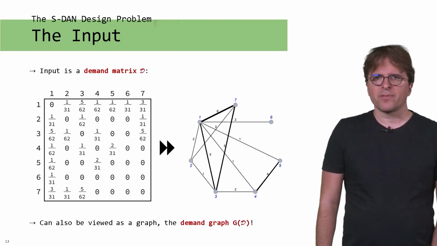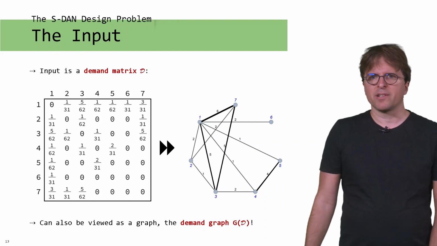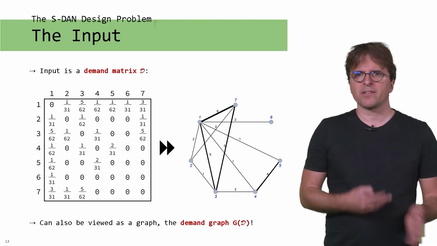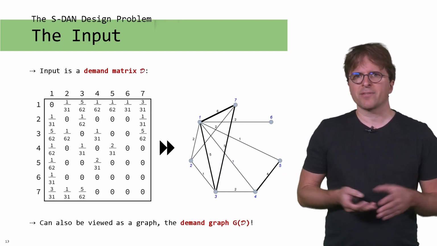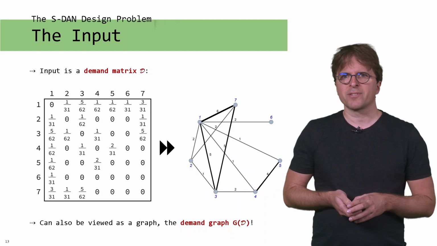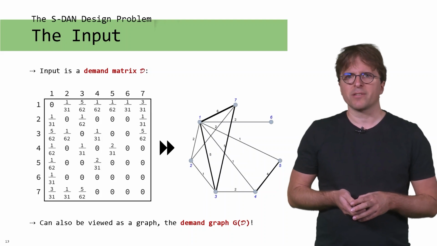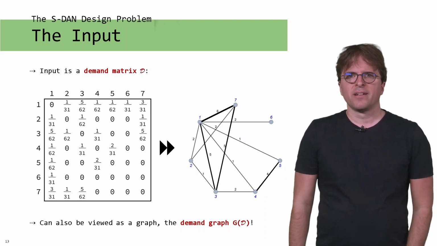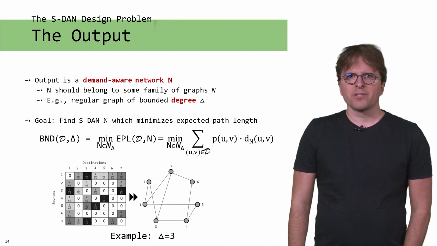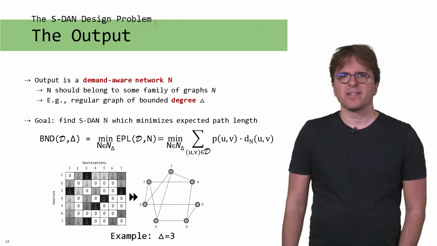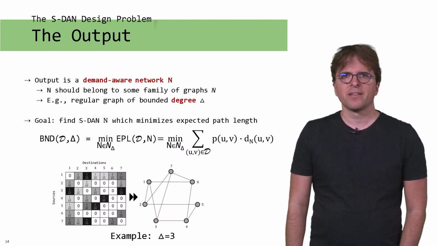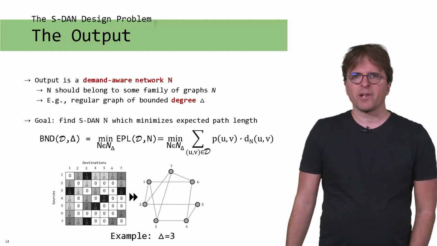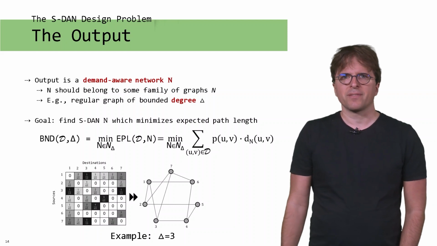You can also think of this demand matrix as a demand graph. Here in the representation of a graph, the thickness of the line corresponds to the amount of communication in this demand matrix. The output in this problem is a network. So we want to design a demand-aware network N, and N should belong to this family of graphs that we have.